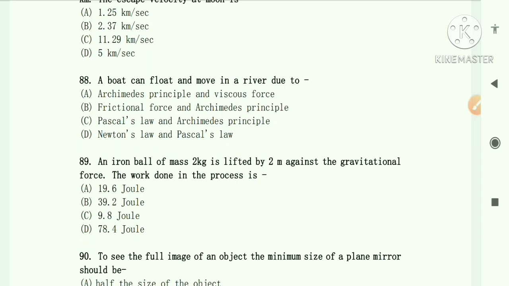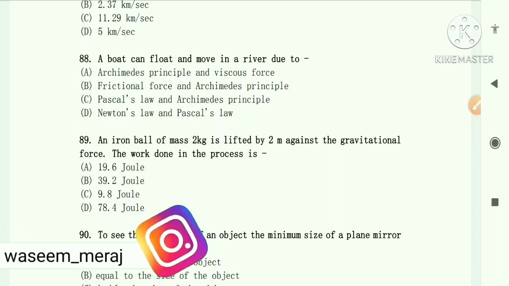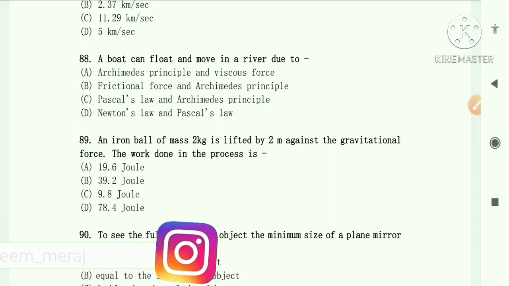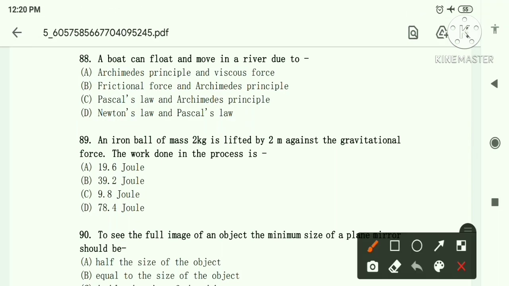In Newton's third law, when two objects interact they apply force to each other of equal magnitude and opposite direction. Here both floating and moving in a river are in the same direction, so it also does not suit here. So the option A is right answer. Option A is right answer, Archimedes principle and viscous force. Now let's go to the next question.